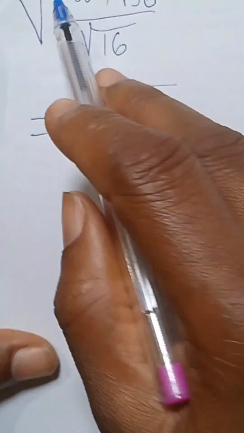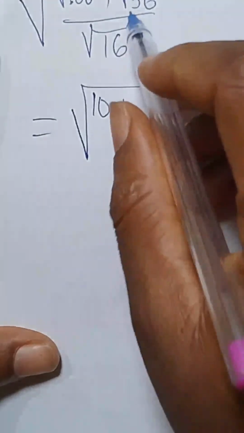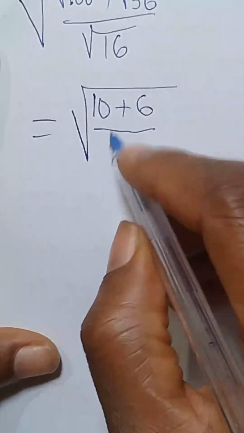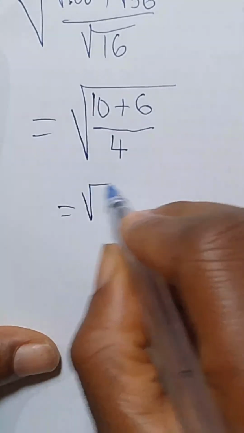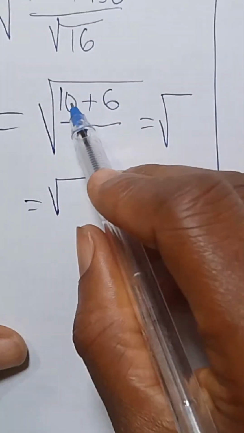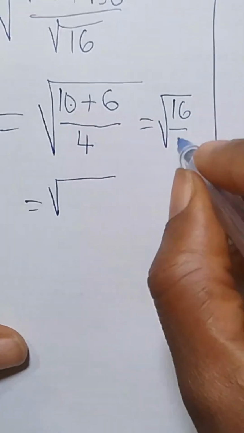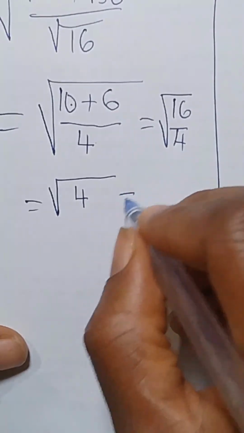Now take the bigger square root. The square root of 100 is 10, plus the square root of 36 is 6, all over the square root of 16 which is 4. So this is equal to 10 plus 6 is 16, all over 4. 16 divided by 4 is 4, and the square root of 4 is 2.